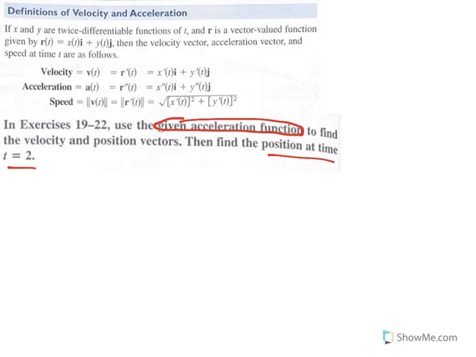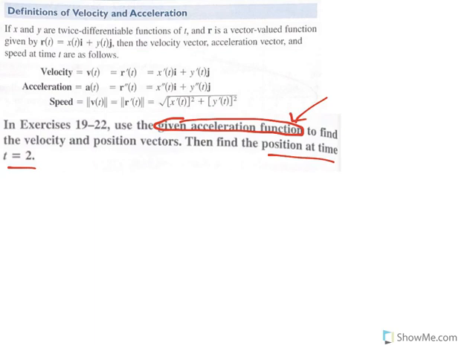Before we look at the example, just make sure you understand that in the previous examples that we looked at, we began with a position function, which we differentiated to get the velocity function, which we differentiated to get the acceleration function. In this problem, we begin with the acceleration function, so we have to find the antiderivative of the acceleration function, which would give us a velocity function with a constant vector of integration.